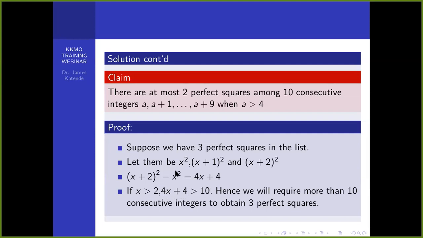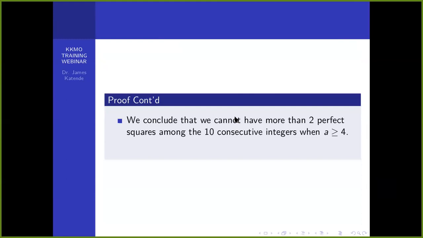That means for us to get 3 perfect squares in that list, we will need more than 10 consecutive integers. So we can't get more than 2 whenever we consider 10 consecutive integers with the first one being bigger than 4. The largest number of perfect squares that we had gotten earlier was 4, and therefore the highest number of A's that the teacher can give is 4.